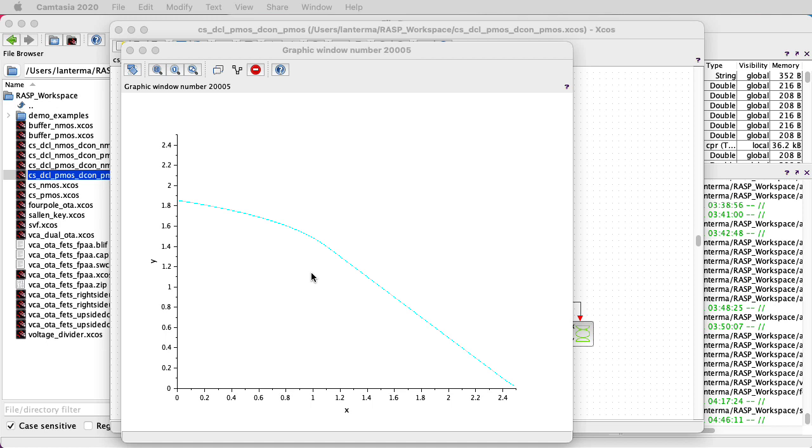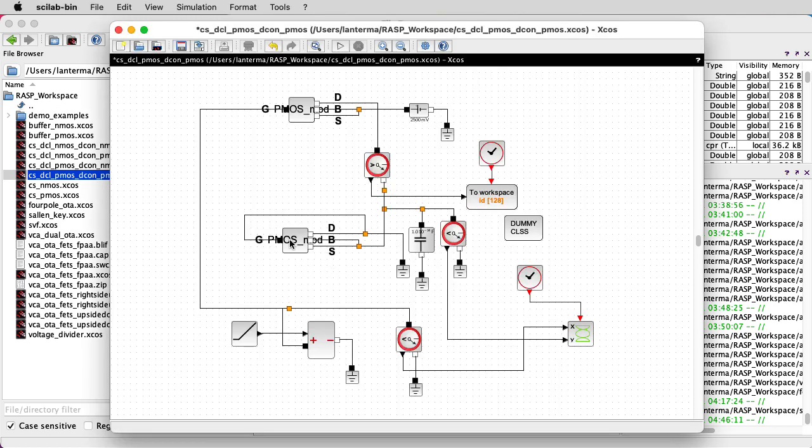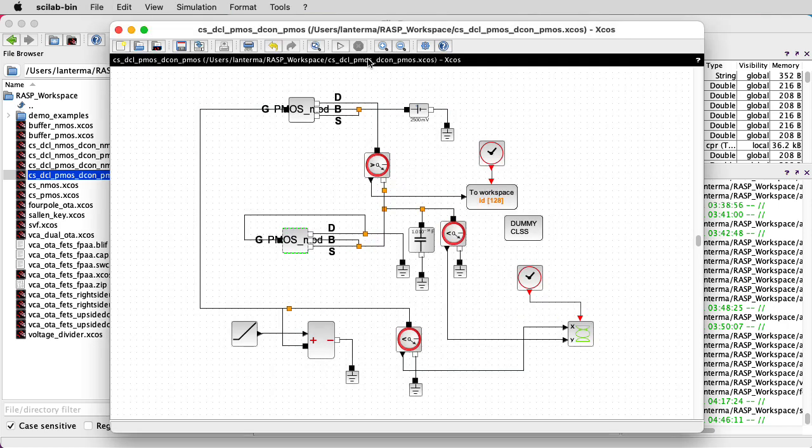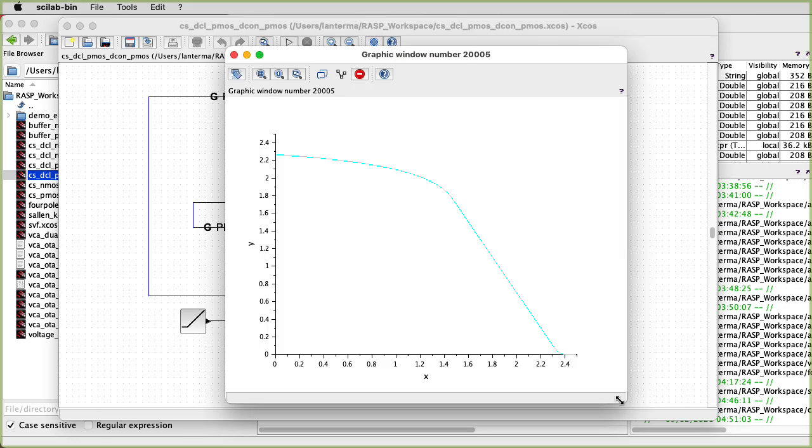Anyway, let's see what happens if I take the kappa for my diode connected load and set that to 0.5. Okay, so in this particular example, I do get a steeper slope. Let's try to find a nice linear region. Let's say we have inputs from 1.6 to 2.2 volts.